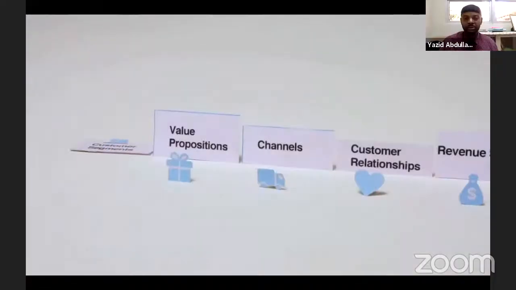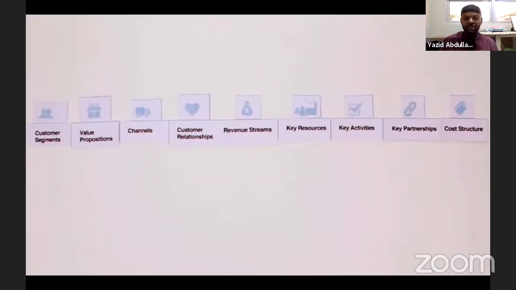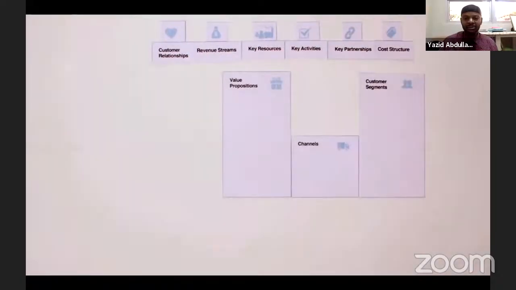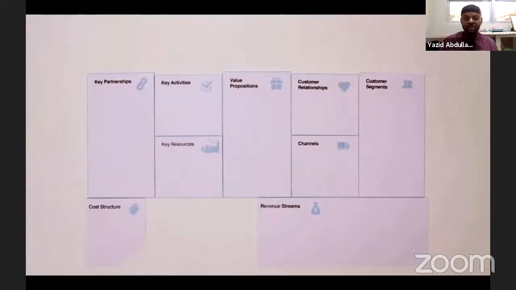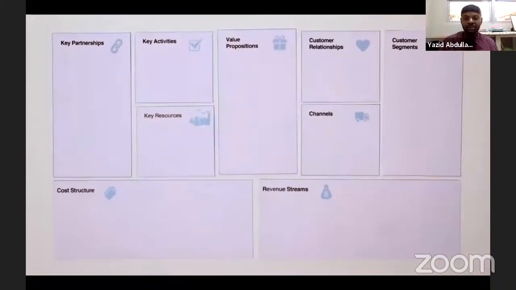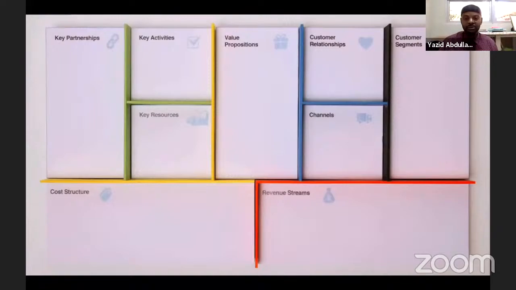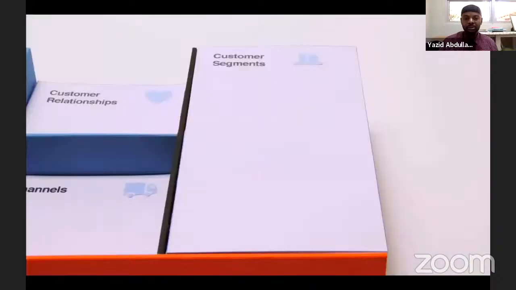But it's not sufficient to just enumerate the 9 building blocks. What you really want to do is to map them out on a pre-structured canvas. This is what we call the business model canvas, a tool that helps you map, discuss, design, and invent new business models.